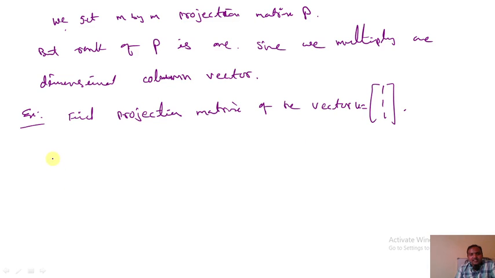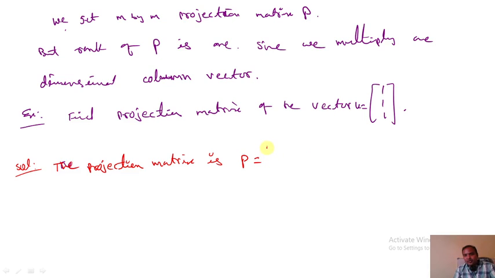Solution. We know the projection matrix is capital P equal to U U transpose divided by U transpose U. U transpose U means the inner product.